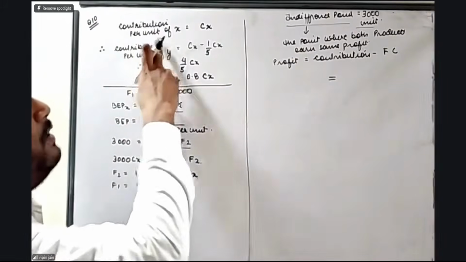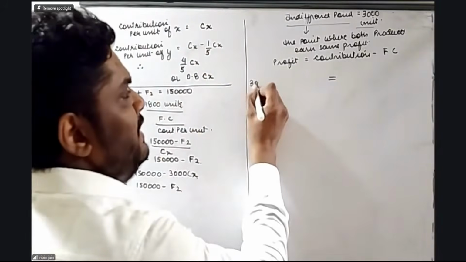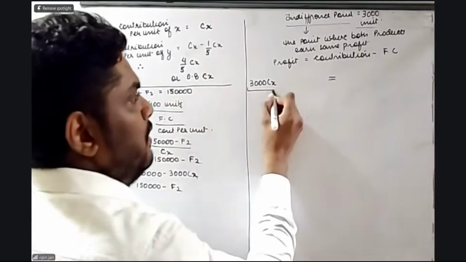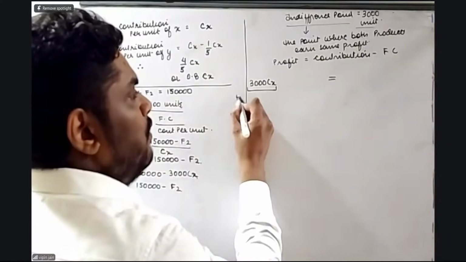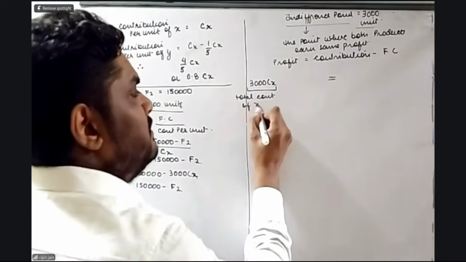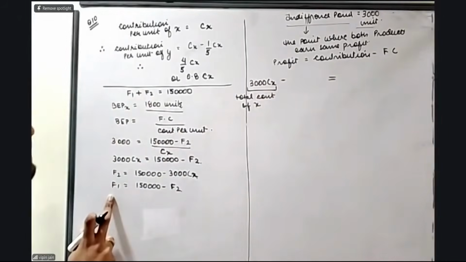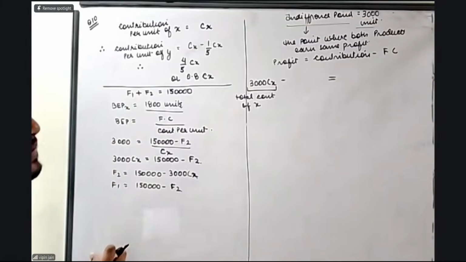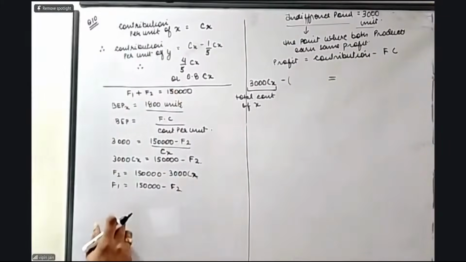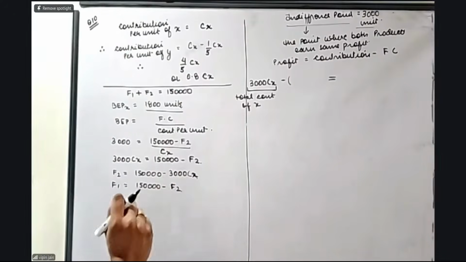Let's say contribution per unit of X is CX. So 3000 into CX will be the total contribution of X, minus fixed cost of X, which is F1. F1 is equal to 1,50,000 minus F2. And F2 is 1,50,000 minus 3,000 CX.